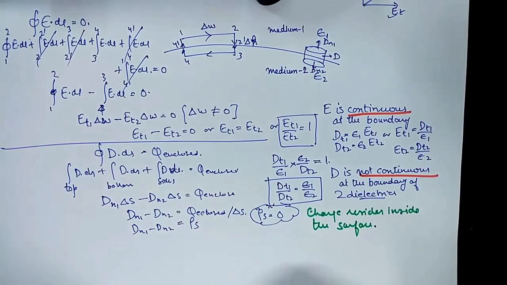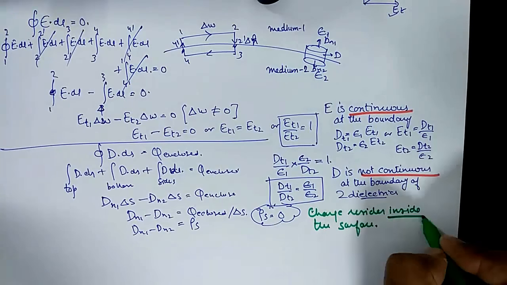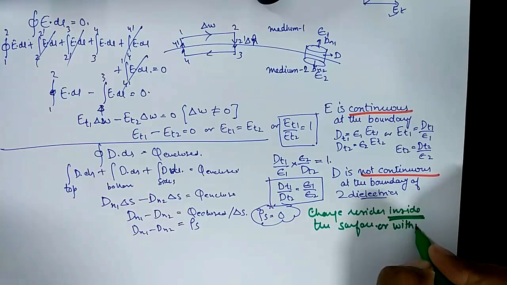Rho s did not become equivalent to 0 in the previous case because charge used to reside on the surface of the conductor, but here the charge resides inside the surface or within the volume.